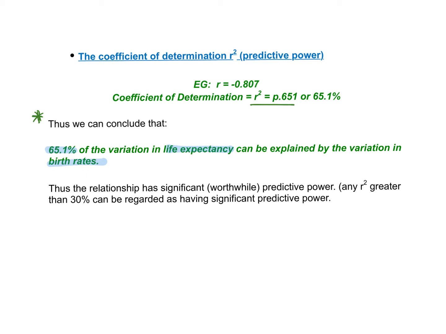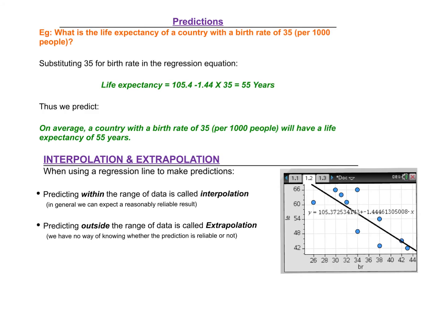All right, so because it's 65, we're saying it is fairly significant, because I said anything more than 30%, we're going to say it has some significance. So we're saying maybe in this data, the birth rate is affecting the life expectancy in the countries.